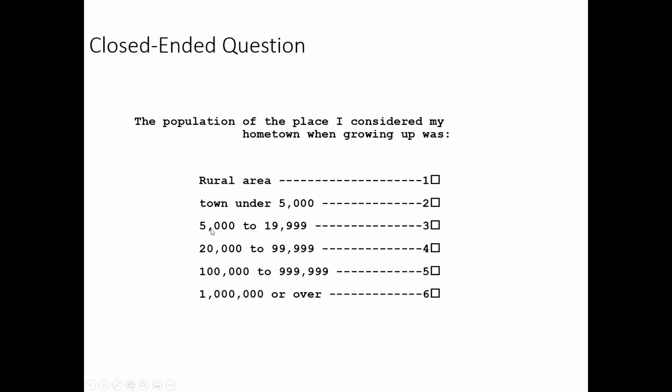Town under 5,000, between 5,000 and just under 20,000, 20,000 to 100,000, 100,000 to a million, or a million and over. So this gives you a range. It's very closed-ended, so you can't ask them exactly how many people were in their hometown, but it does give you some similar information, and it's easier for someone to answer this question than to give a very exact answer.